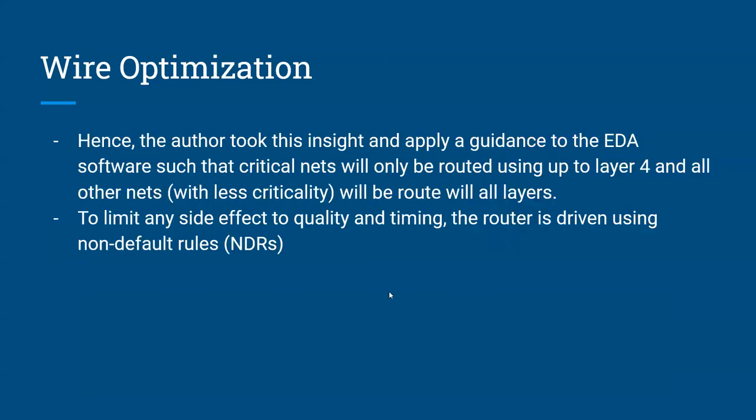So the essence of this is that critical nets will only be routed up to layer 4 so that there will be other layers for other nets, because other nets are a lot more numerous than critical nets.